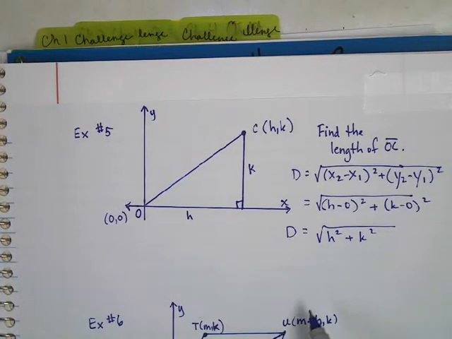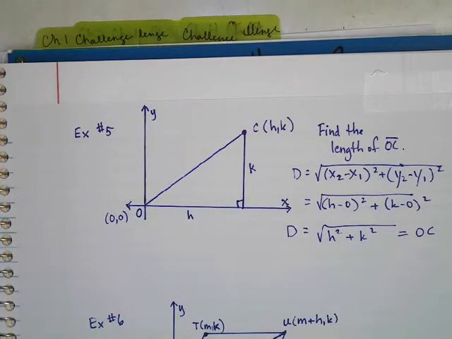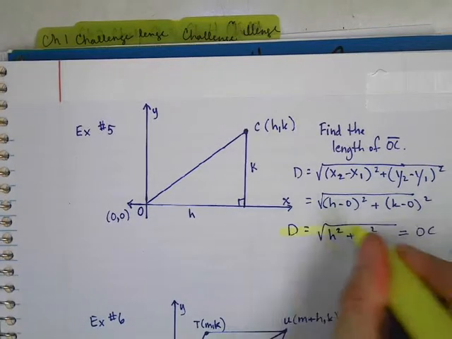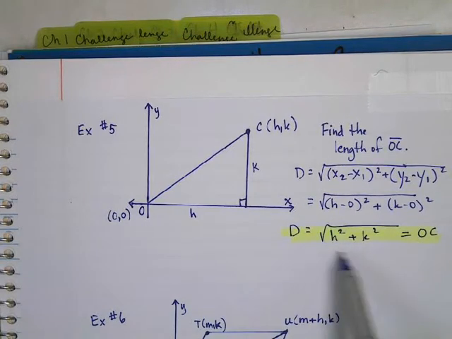So that's the length of OC. Alright, that's how long OC is. So I'm going to highlight that, or you can circle it, either one. So you can see that when we don't know what the numbers are, then the answers that we come up with are going to be in terms of variables, like this is in terms of h and k.